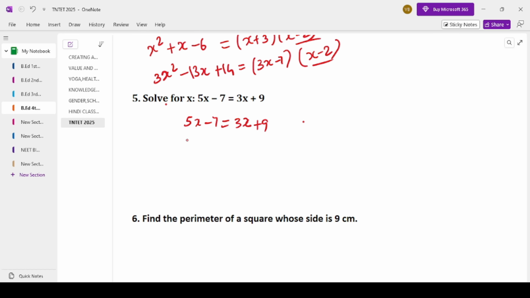So if you bring the variables to one side, it will become 5x minus 3x is equal to 9 plus 7. So when you simplify it, you get it as 2x equal to 16. Sorry, 16.